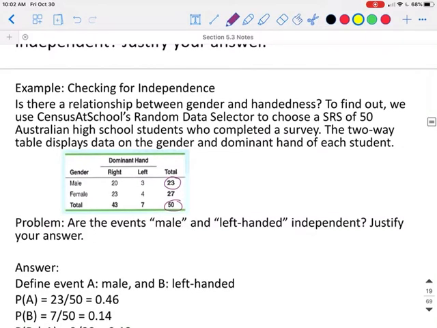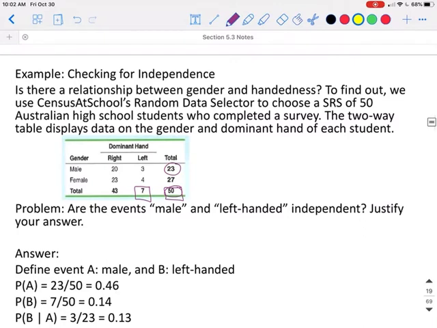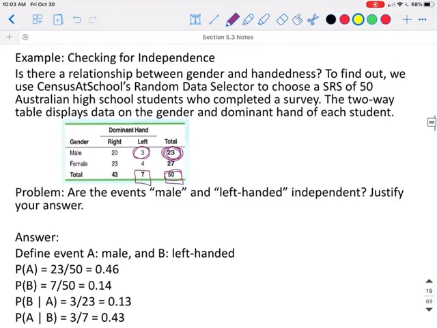The probability that the student is left-handed, there are 7 out of the 50 students who are left-handed, so it's 14%. The probability the student is left-handed given that they are male, so of the 23 male students, we know 3 of them are left-handed, so 3 out of 23, or 13%.